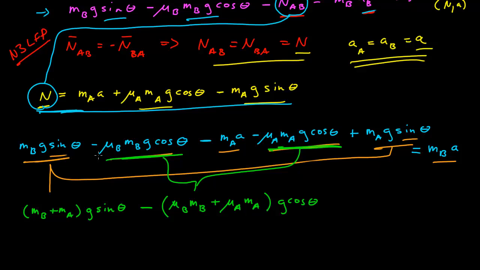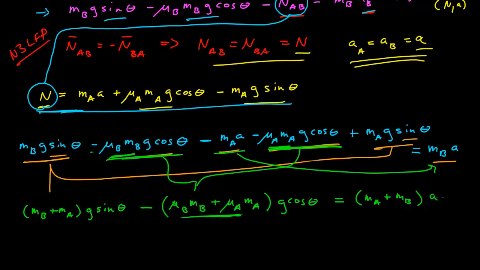So I factored out a negative and a g cos theta from each of these terms, leaving me the sum here times g cos theta. Okay? In both of these, I'm going to keep my acceleration on the other side. I bring this to the other side of the equation, factor out the a, and I get m sub a plus m sub b is equal to the acceleration.